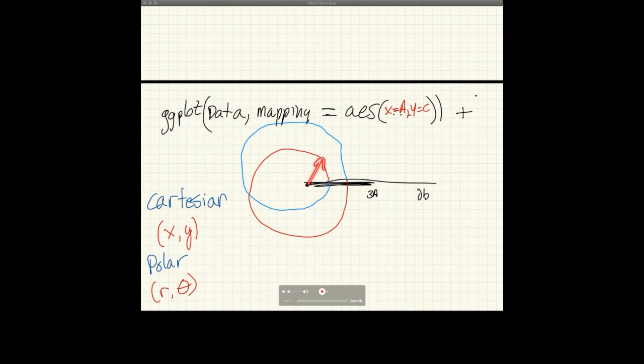Your location is a combination of your angle and your distance from the center. And that's what makes it polar. Your location there, the position of your geometry, is a function of loudness, in this case your decibels, and your angle, which might tell us what time of day it is. Okay? So we're taking the cyclical data and we're mapping it back to this other space. So that's a polar coordinate system.